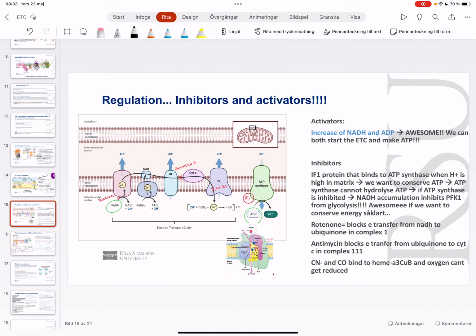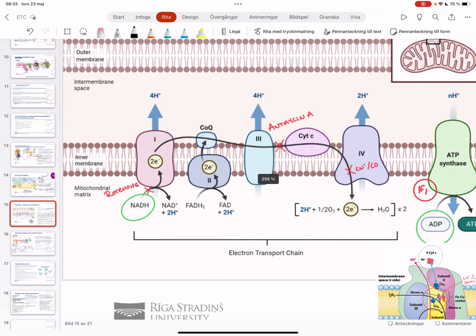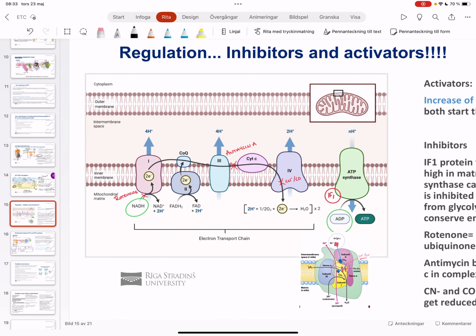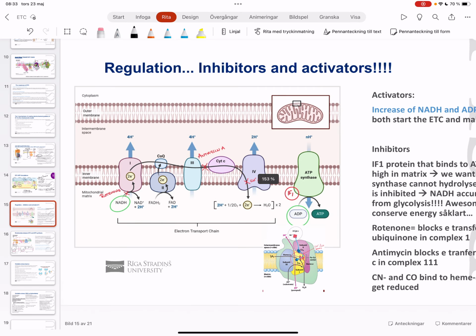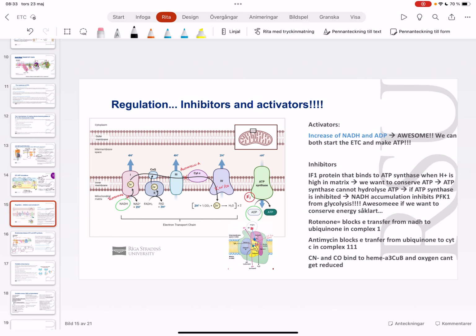Inhibitors. Okay, so we have an inhibitor called rotenone that will inhibit NADH from donating its electrons. So it blocks the transfer from NADH to ubiquinone in complex number 1.